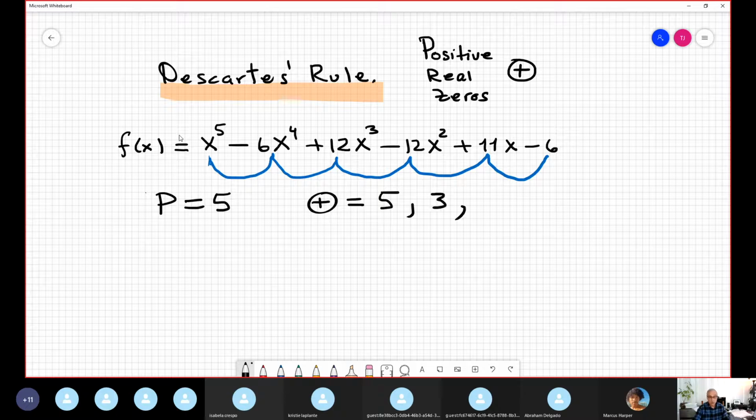Or 3 minus 2 is 1. And 1 minus 2 is a negative number, which has no sense. So the conclusion from Descartes, I guarantee 100%, is that this polynomial has 5 real positive zeros, or 3 real positive zeros, or 1 real positive zero. And in the conclusion of this example, you see exactly what is true, because only one is true.